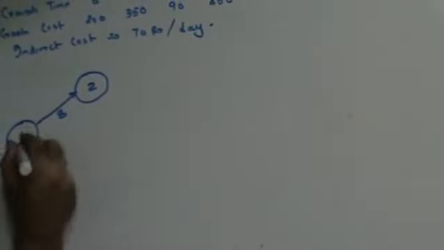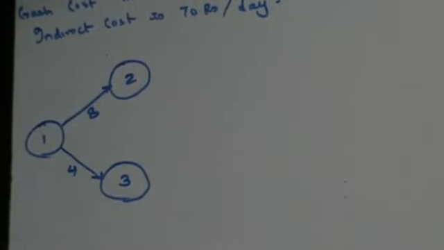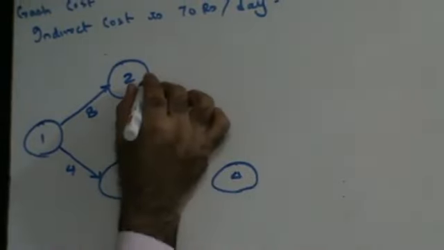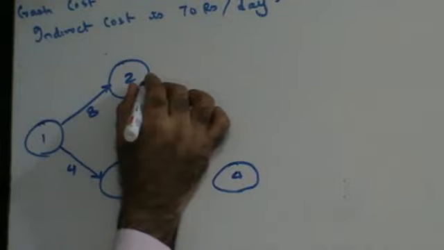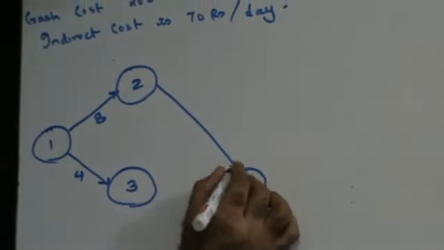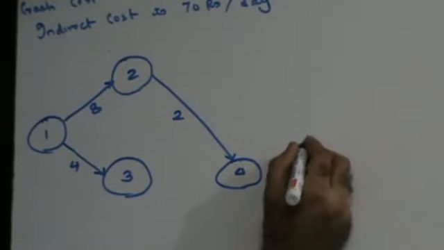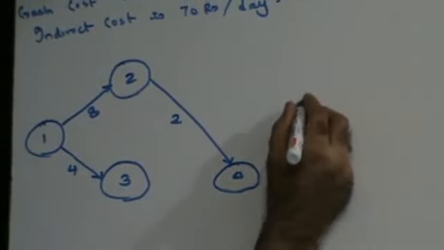From 1 you also have 3, which is 4 days. From 2 you have 4, so there has to be a 4 somewhere here. From 2 you have 4, which is 2 days.